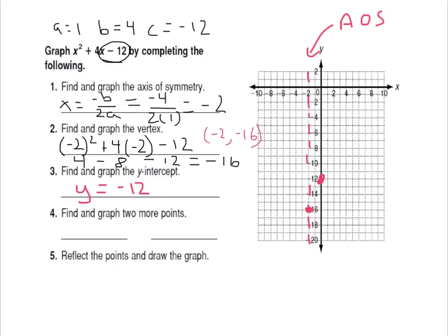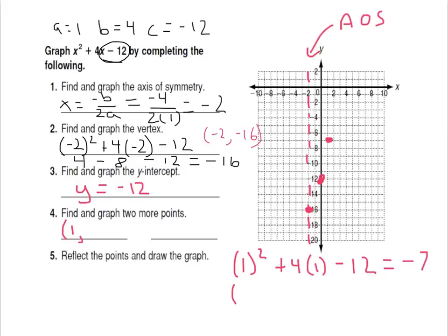So if we plug positive 1 in, we're going to get x squared, or 1 squared, plus 4 times 1 minus 12. So 1 plus 4 is 5. 5 minus 12 is negative 7. So that means we're going to have 1 point at 1, negative 7.